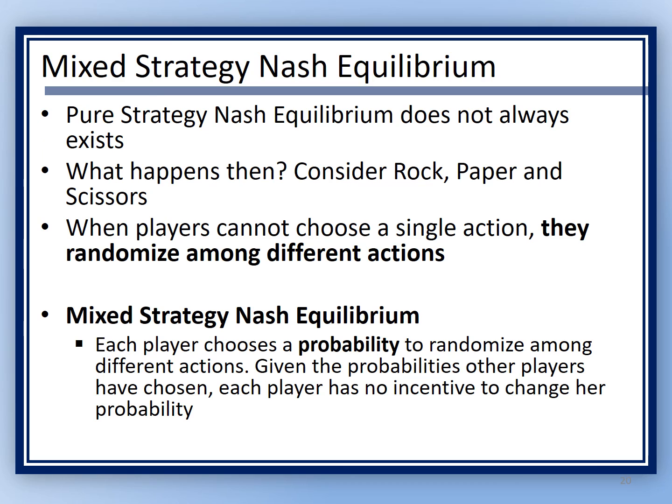Instead of defining stability as choosing a single action, we are now defining stability as choosing a single probability distribution. It's still stable, because we are using the same probability distribution. So in rock, paper, scissors, usually that means you're using rock, paper, and scissors equally. The question is, how do you figure out the probability?